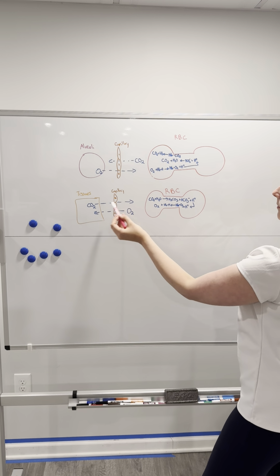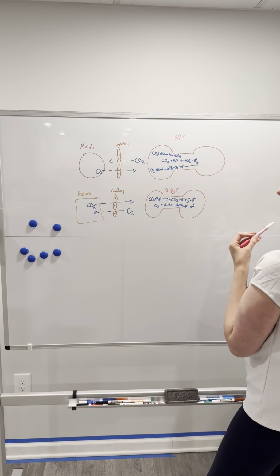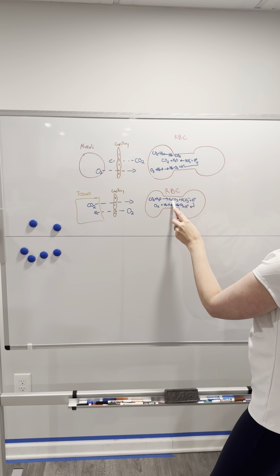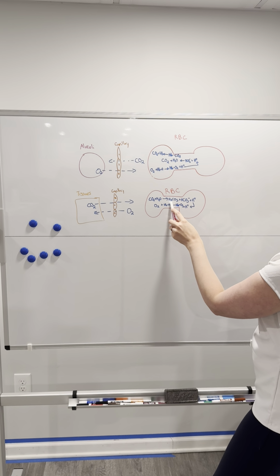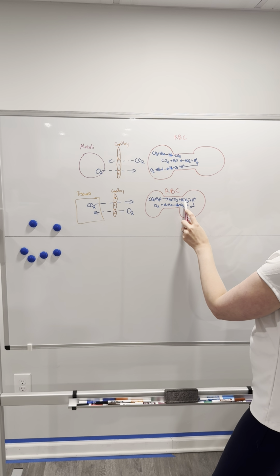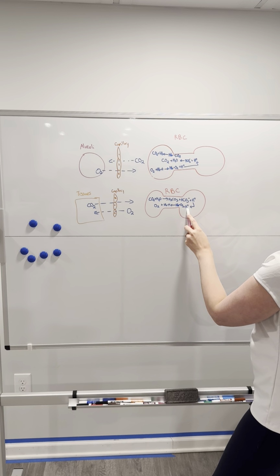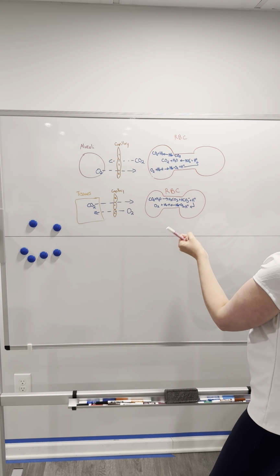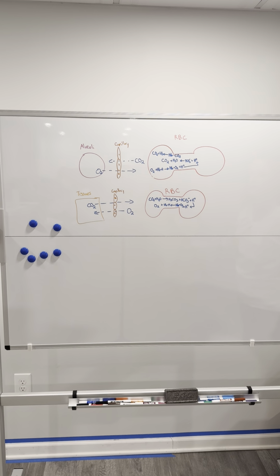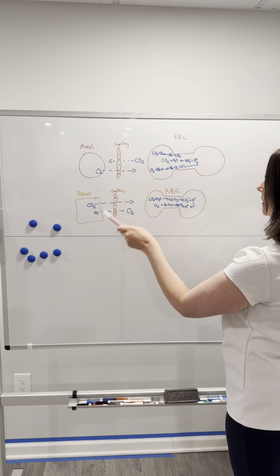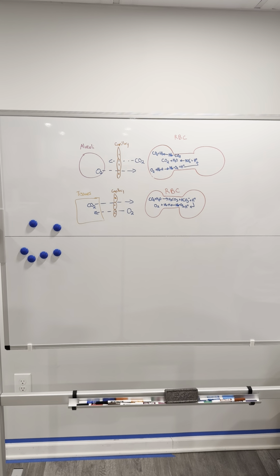Carbon dioxide from the tissue binds with water and becomes carbonic acid, plus bicarbonate and then a hydrogen ion. This hydrogen ion helps the hemoglobin release the oxygen to the tissues because it competes and binds to hemoglobin, and then oxygen is released.